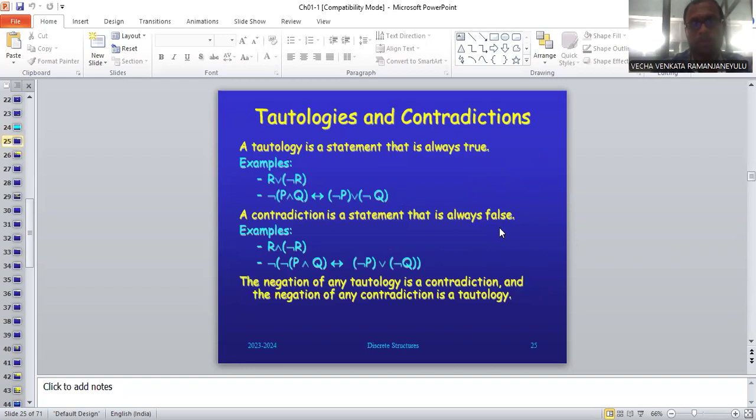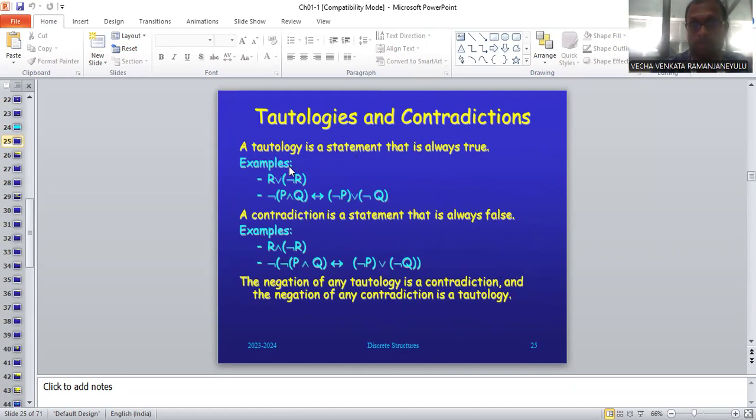Next, tautology and contradiction. A tautology is a statement that is always true. Whenever the last column is totally true, that is a tautology implication.